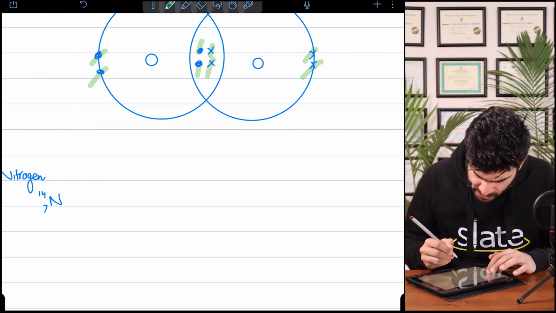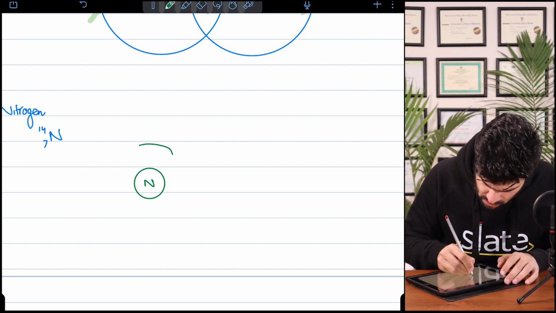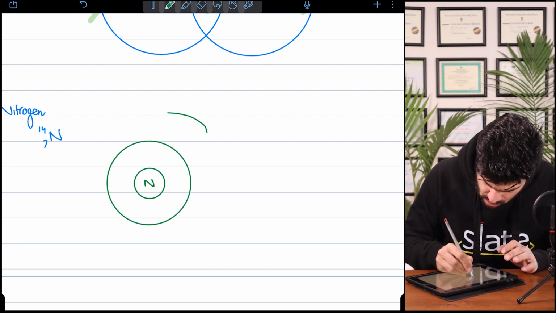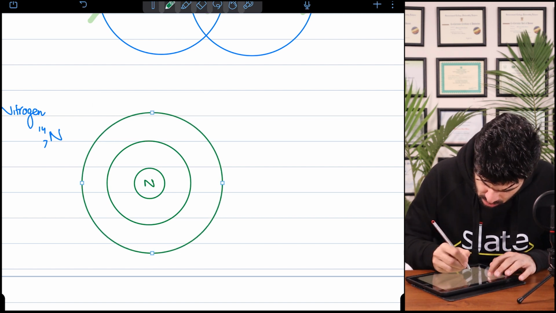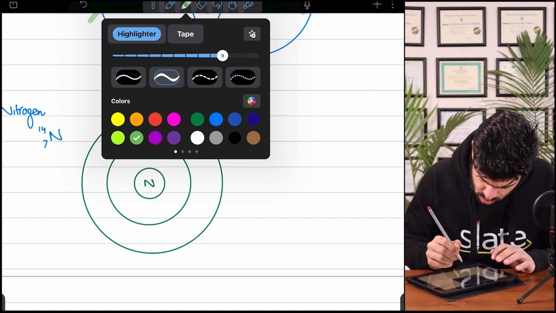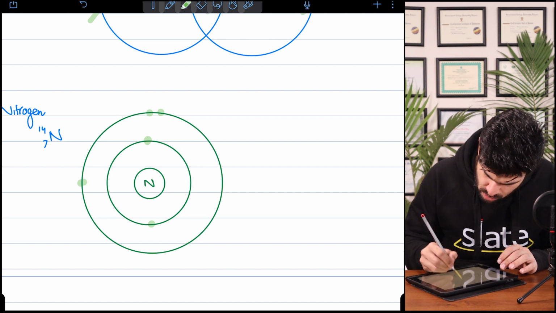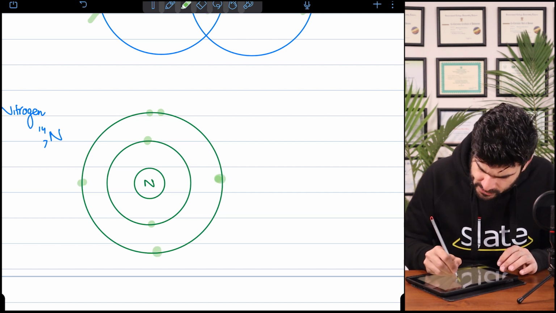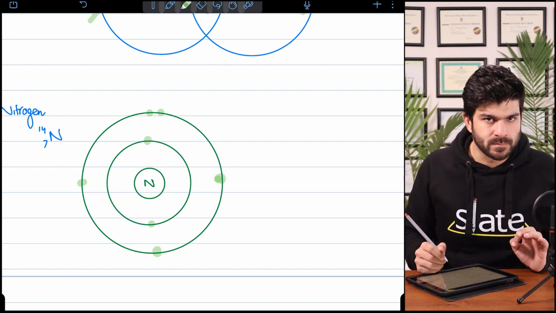Let's make the electronic configuration of nitrogen. 7 electrons. So nitrogen needs 3 electrons to fill its outermost shell.